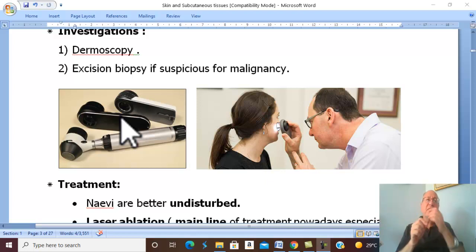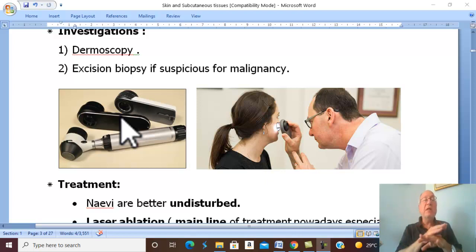If we remove the nevus cosmetically, we use a 2 mm safety margin. If we remove the nevus surgically for suspicion of malignancy, we remove it with a 2 cm safety margin. Also, we can remove a nevus undergoing chronic irritation by surgery to avoid change to malignancy.